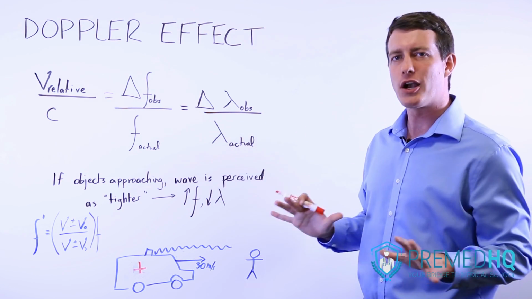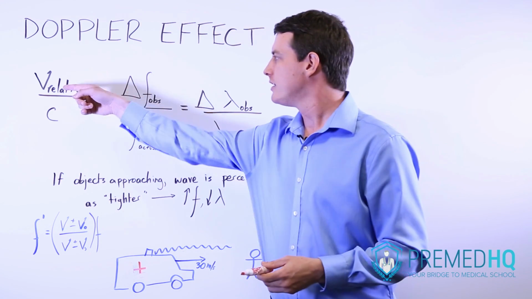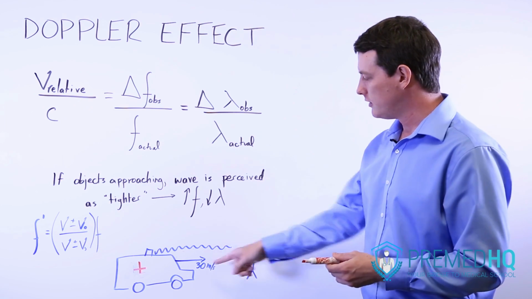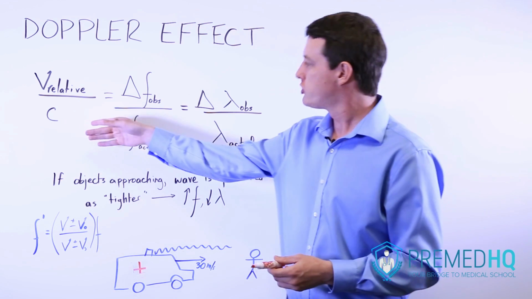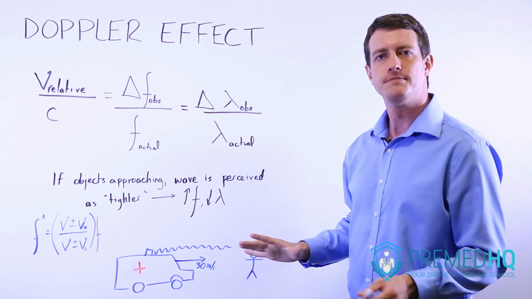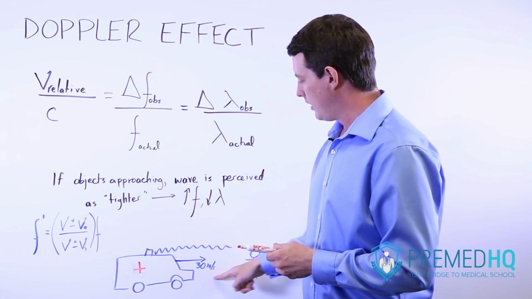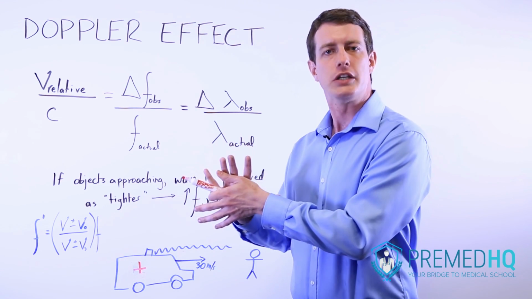And so a much better way to think about the Doppler effect is looking at the relative velocity between these two objects compared to the speed of the actual wave. So in this case, the relative velocity is going to be 30 meters per second toward each other.